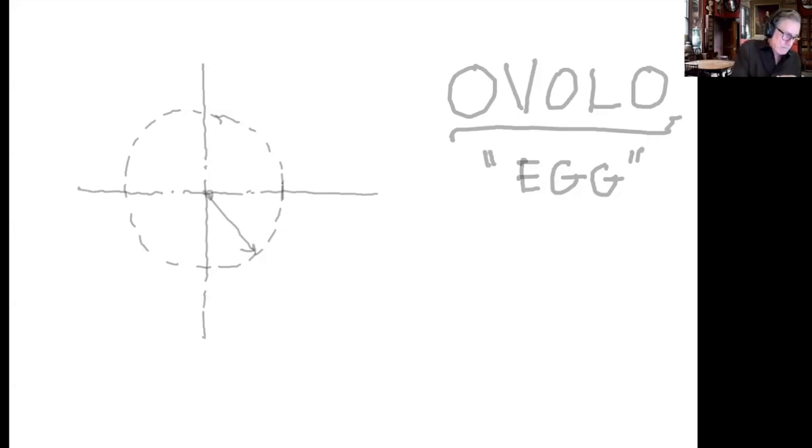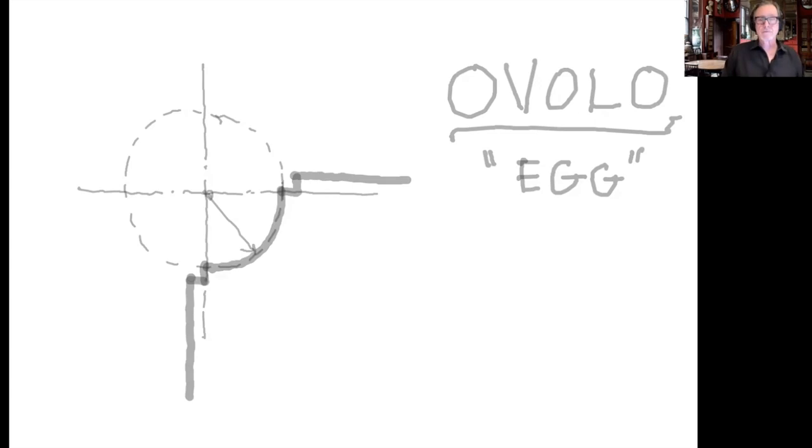So for the ovolo, we might have a fillet here and say a ceiling. And then we have a quarter circle, and that's the key part of the shape. And then let's add another fillet to define it and a wall, for example. That's an ovolo. It's a quarter circle.